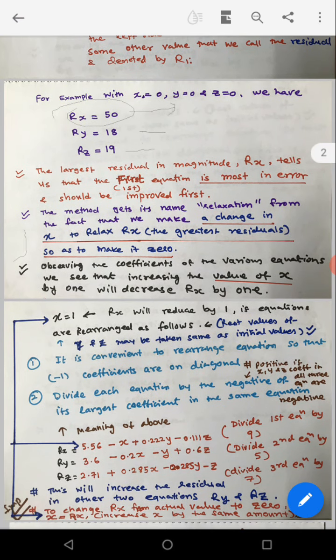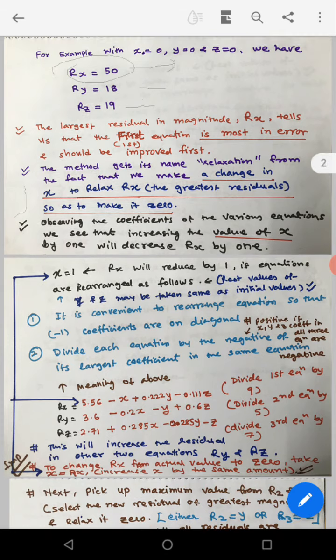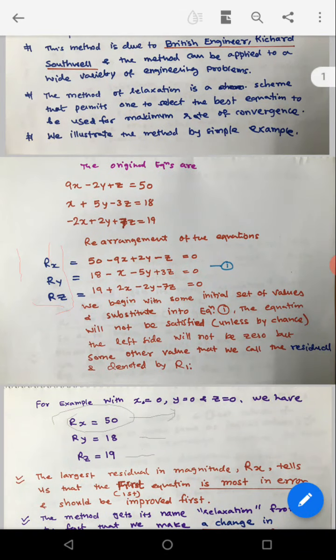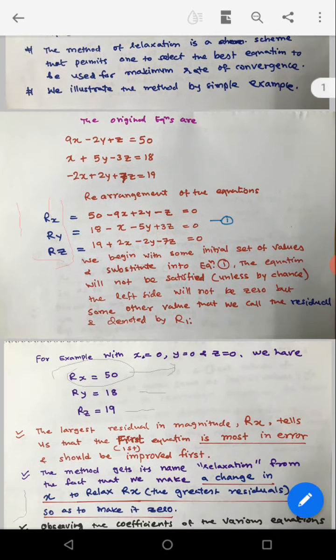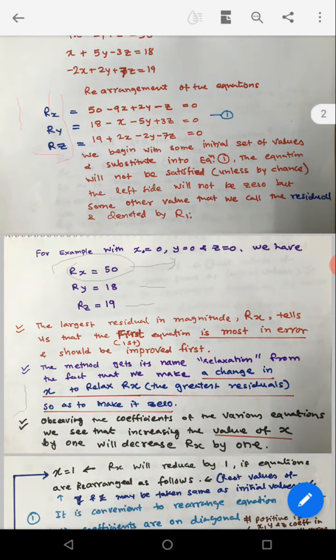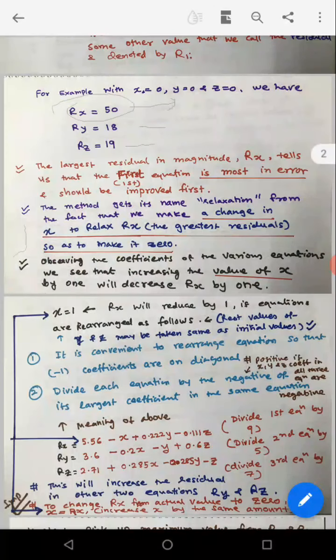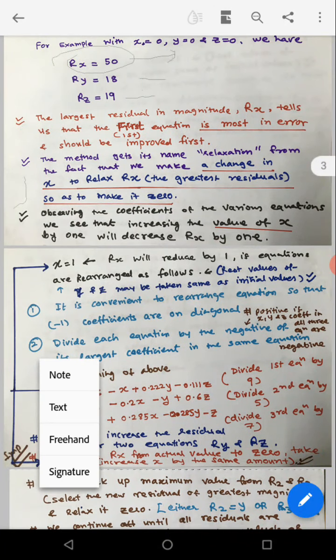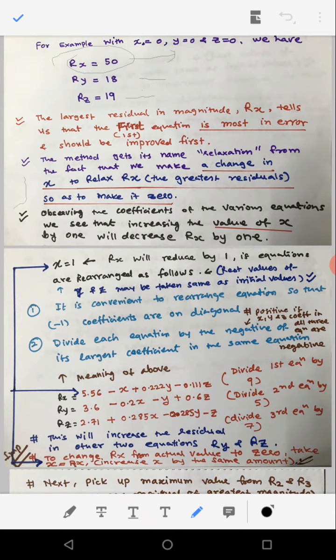Also it is convenient when you write your original equation in the form where minus 1 coefficients appear in the diagonal. That is point number 1 here, which shows that it is convenient to rearrange equations so that minus 1 coefficients are on the diagonal, and divide each equation by the negative of its largest coefficient in the same equation.